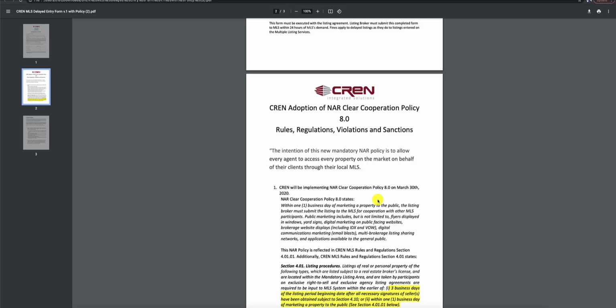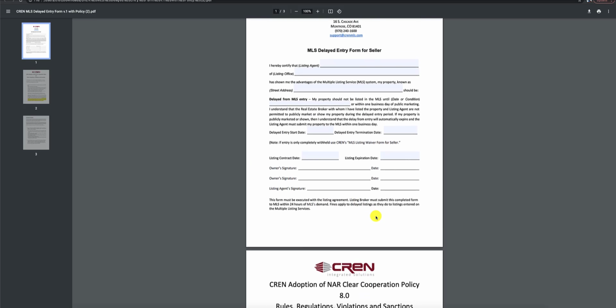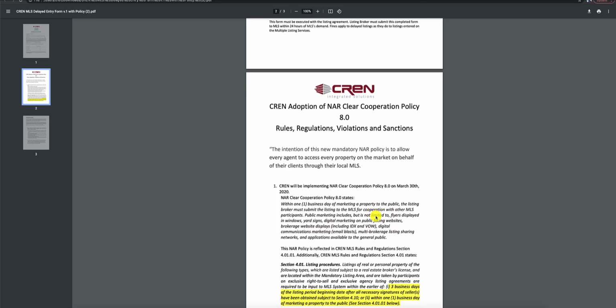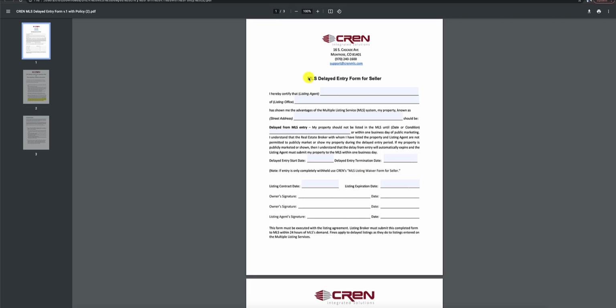And be reminded that marketing is word of mouth, a sign in the yard, an email, a post on Facebook, a post on your website, any kind of marketing of that property. Even with this delayed entry form filled out, NAR Policy 8.0 states that at that time you have one business day to put that listing into the MLS. So that's the MLS delayed entry form.